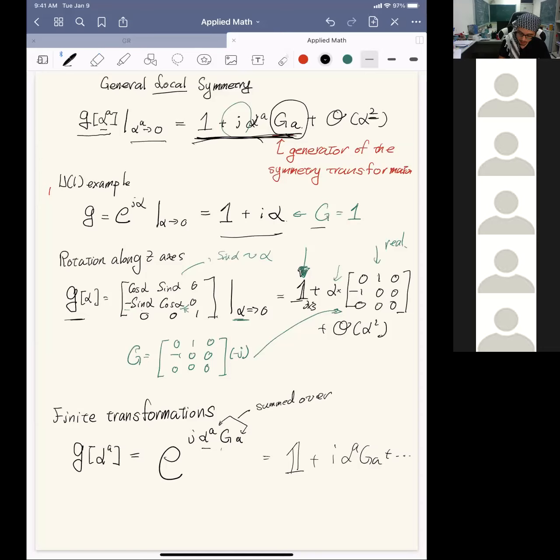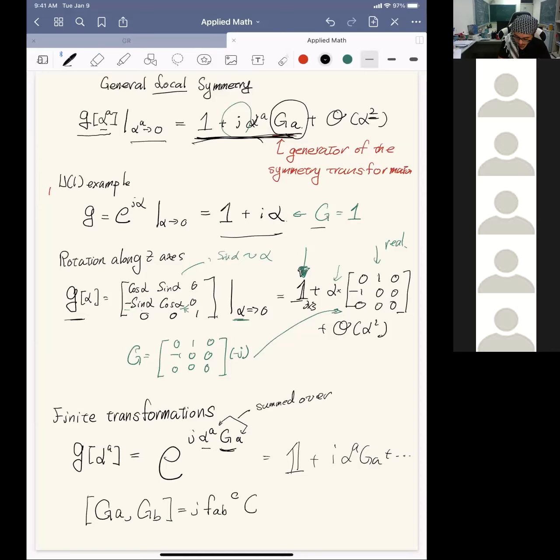We know that if this generator is generating some kind of group transformation, then the generators G must satisfy an algebra. So GA and GB must satisfy the commutation relation, an algebra that looks like this.